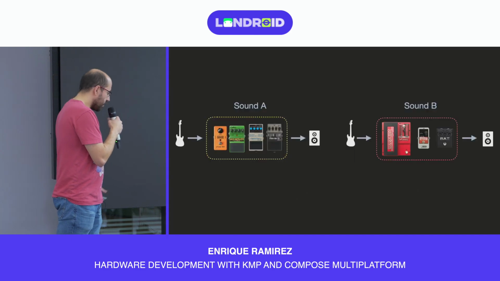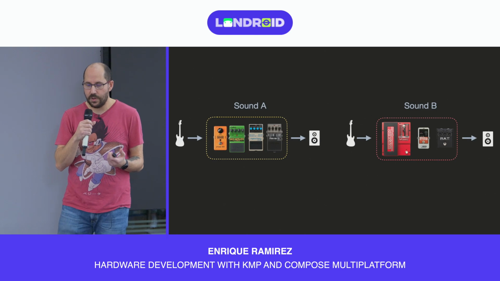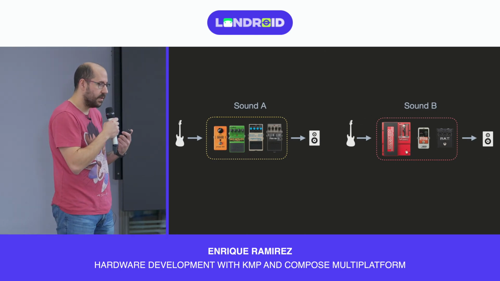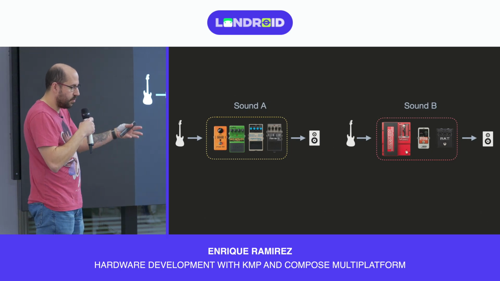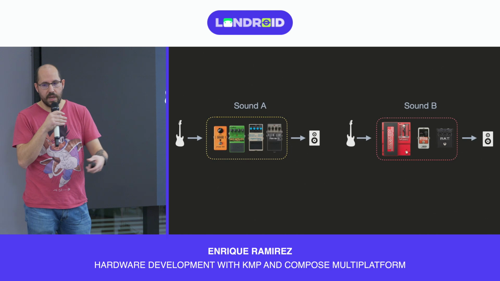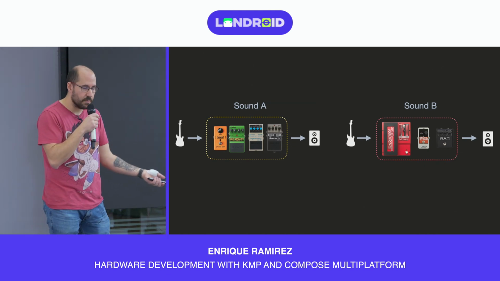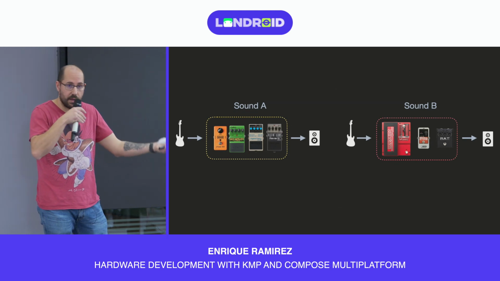But to understand a little bit further, when you combine them, you get different sounds. You combine a few guitar pedals and you get one sound that you can use for one section of a song, and then you combine them in a different way, you combine other ones, and you can have another section.